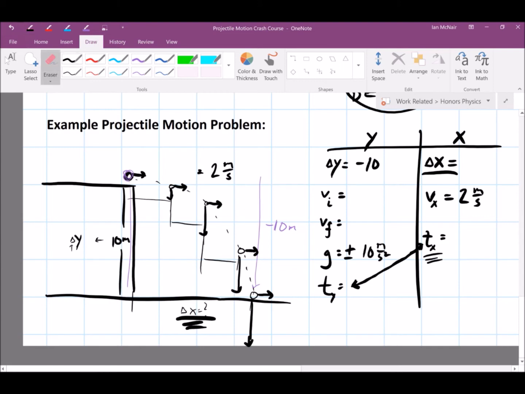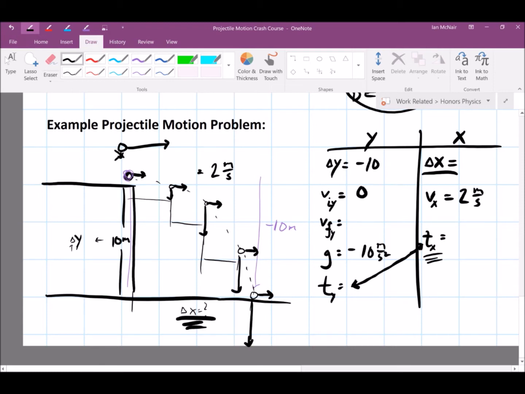If it's negative 10, that also means our gravity pointing downwards is also negative, right? Our initial velocity in the y direction, throw little y's there, is actually going to be 0. If we're kicking something perfectly horizontal, that means for the moment we kick it, there is no downwards velocity. So initially we just have 0.